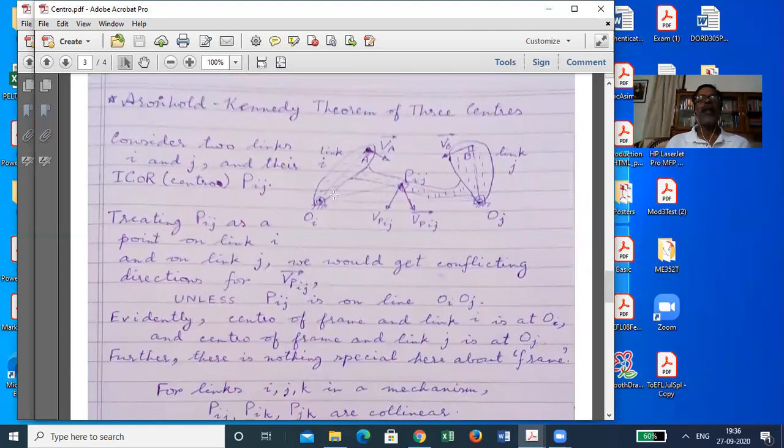And link i has its centro with another link, say the frame; for this example I have considered it as the frame, but there is nothing very special about it here. And the centro of link j with the frame, Oi, Oj. So I have considered this third link as the frame.